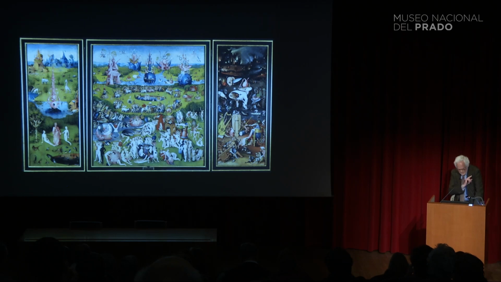As I summarized in the beginning of my lecture today, the idea of the dream is central to the imagery of the left panel, and this could guide us in our approach to the central panel, so we should realize the importance of these dream narratives. But there is even another reason, and visually perhaps the most appealing one, why the imagery in the central panel should be taken as dream imagery, which puts us viewers in a state of dreaming too. That is the state of viewership that I mean.